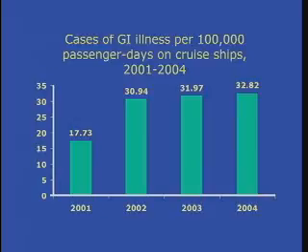This rate appears to have increased to about 31 cases per 100,000 passenger days in 2002, to approximately 32 cases per 100,000 passenger days in 2003, and to a high of approximately 33 cases per 100,000 passenger days in 2004. So we're seeing an increase in the overall rate of cases of gastrointestinal illness on passenger cruise ships.